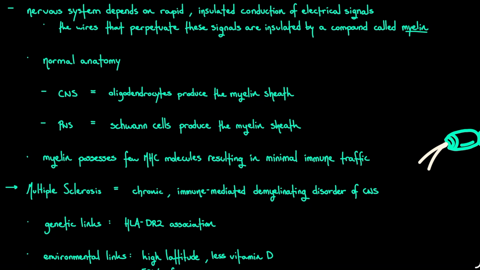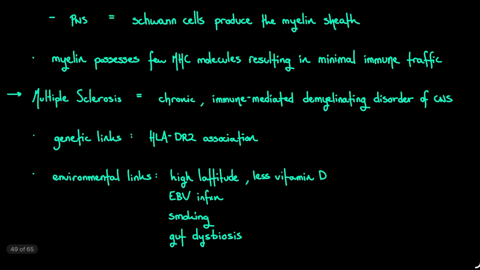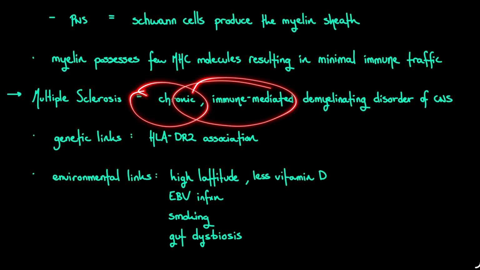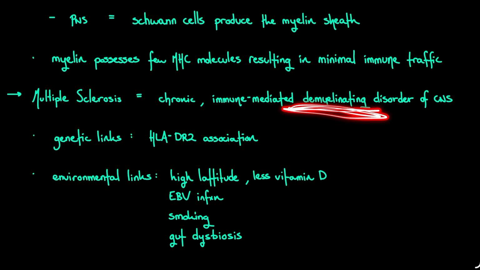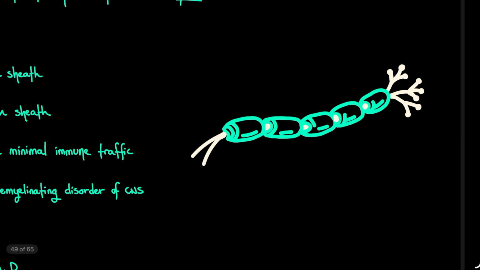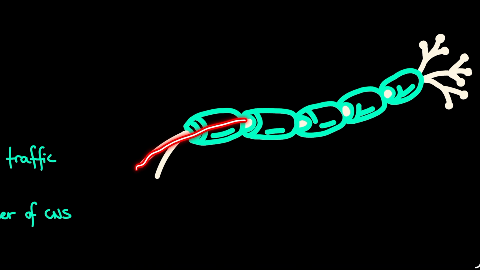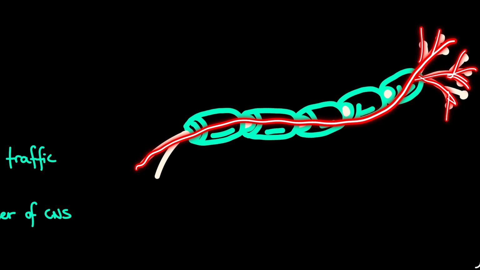Okay? In the case of multiple sclerosis, which is one of the diseases we're talking about today, we have chronic immune-mediated demyelination of the CNS. So, for whatever reason, I build an immune response against the myelin that coats my nerves. So let's go to this little diagram here. In the white, I have this lovely little nerve drawing here with its synaptic terminals at the end.